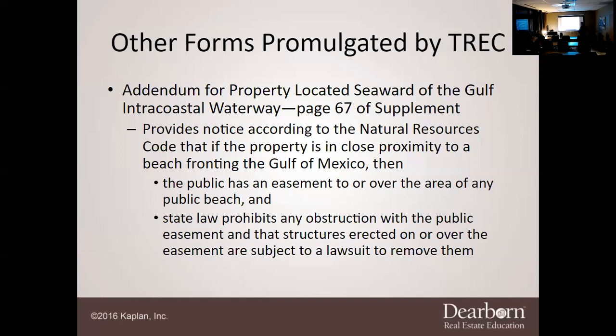So it only applies in regards to the public areas. It's basically a notice to tell them, FYI, just because you may live on the beach or your beach may be in your backyard, you have no ownership in it. So it's just a notice in that particular situation.